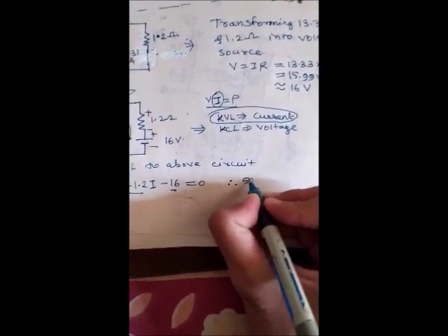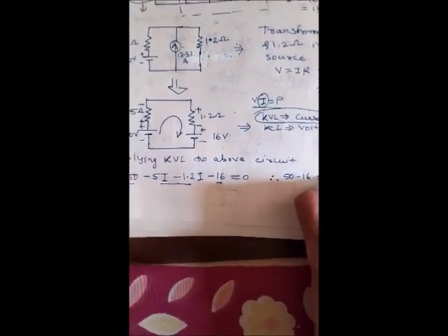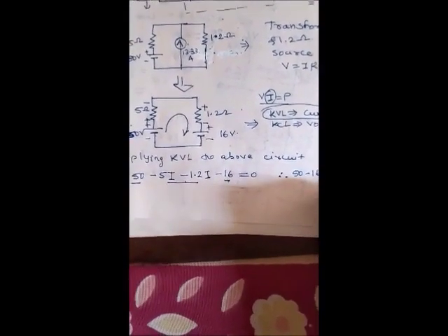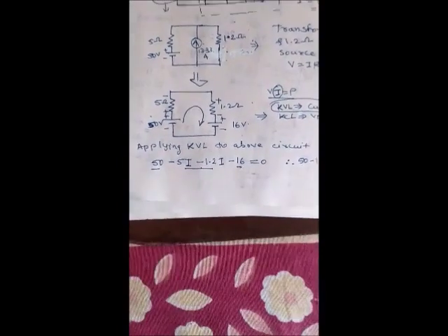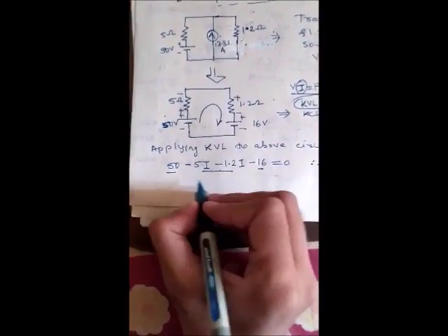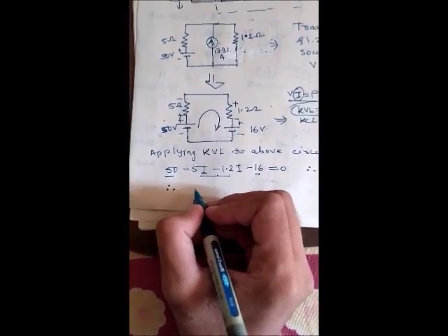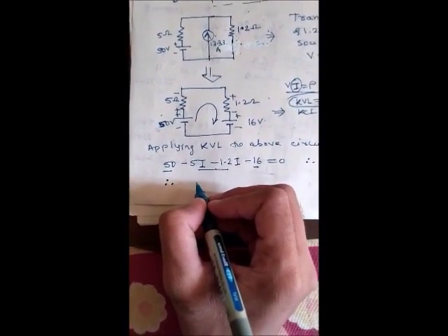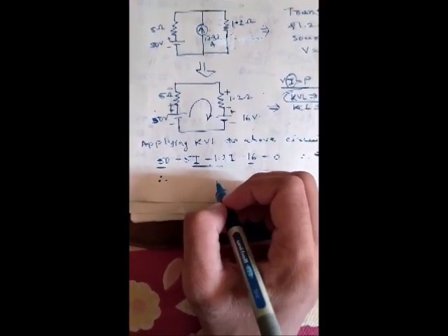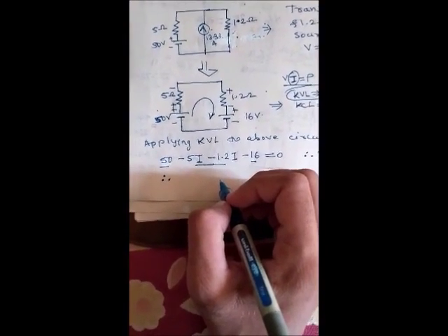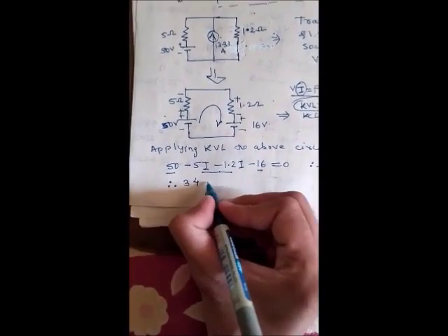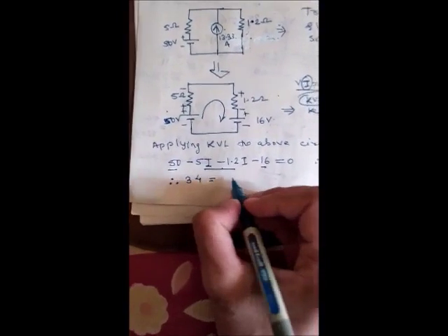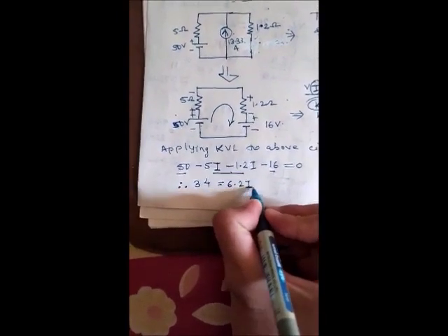Therefore 50 minus 16 equals 5I plus 1.2I. So 34 equals 6.2I.